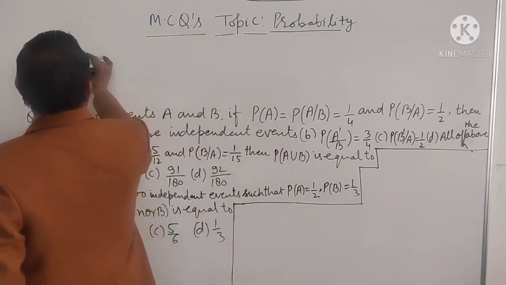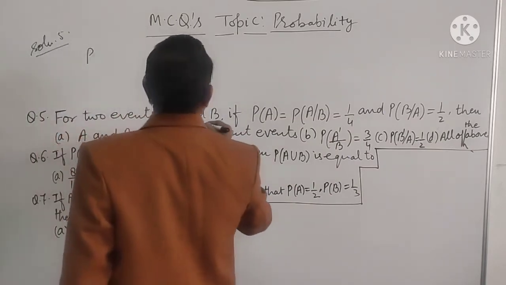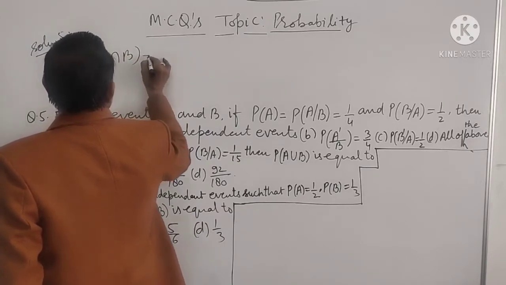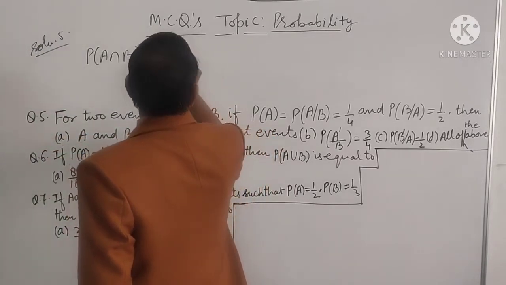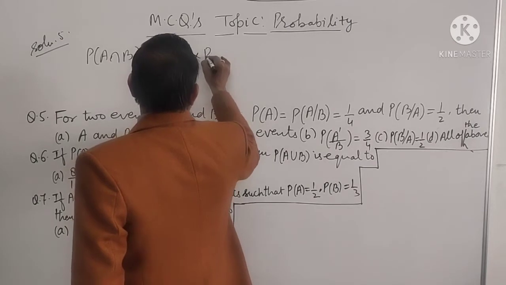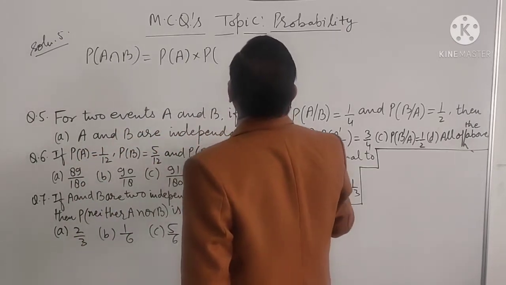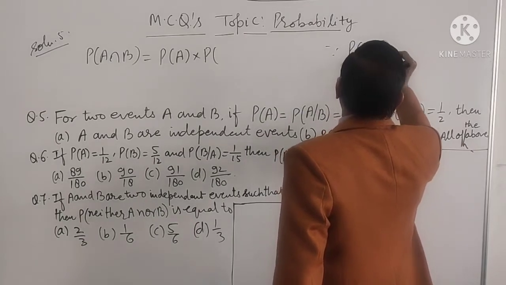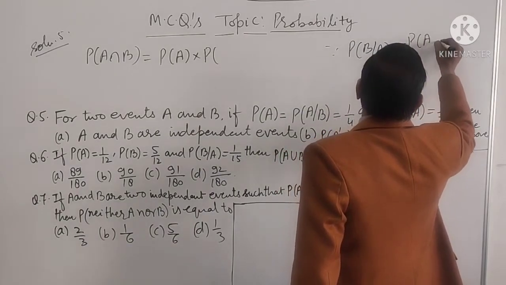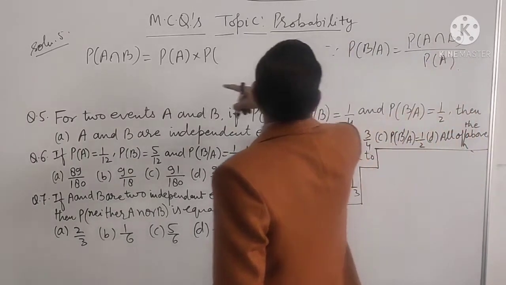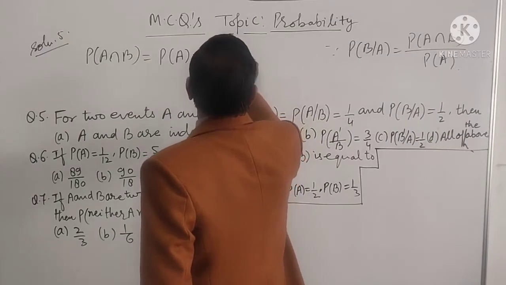Here we will find P(A intersection B). It is equal to P(A) into P(B|A), since P(B|A) equal to P(A intersection B) upon P(A).